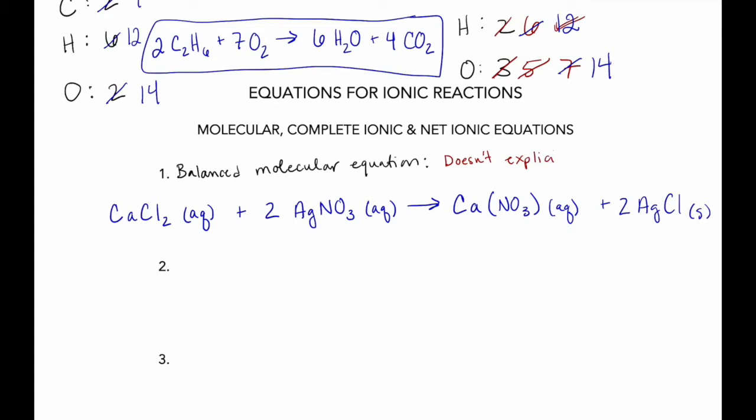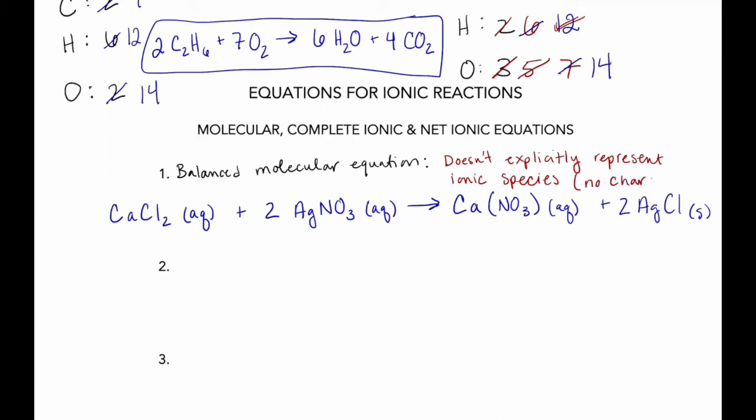It doesn't explicitly represent ionic species or ions.